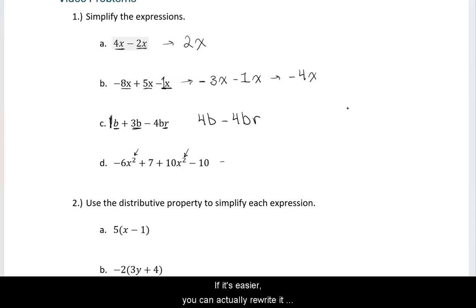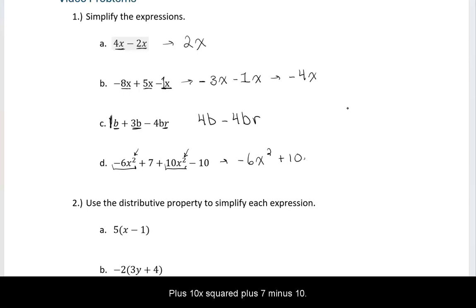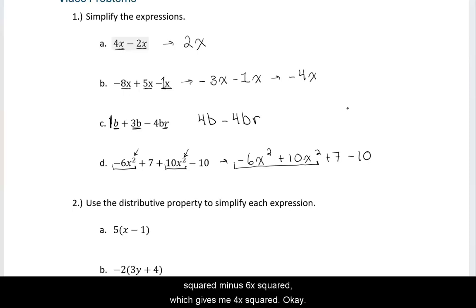If it's easier, you can actually rewrite it using the commutative property of addition. So I'm just going to change the order and put the like terms together: plus 10x squared plus 7 minus 10. And now I go ahead and combine these. Well, this is the same as 10x squared minus 6x squared, which gives me 4x squared.